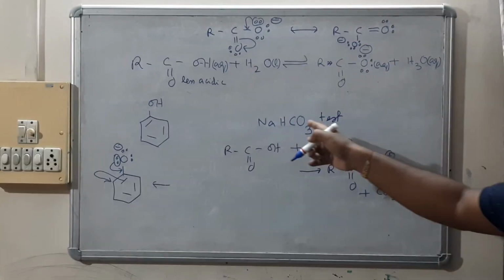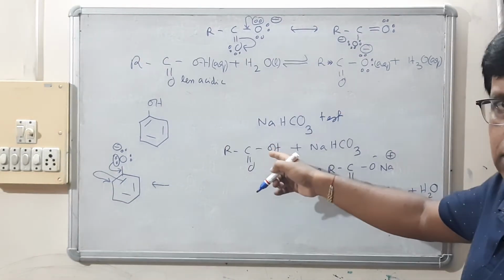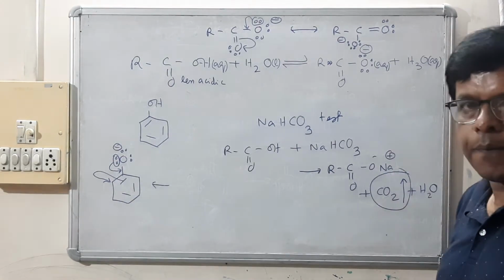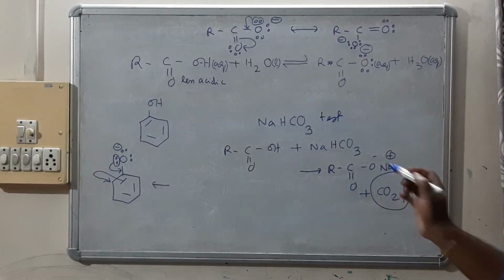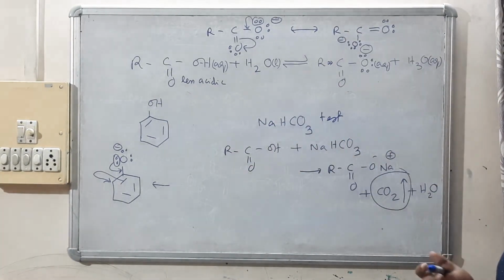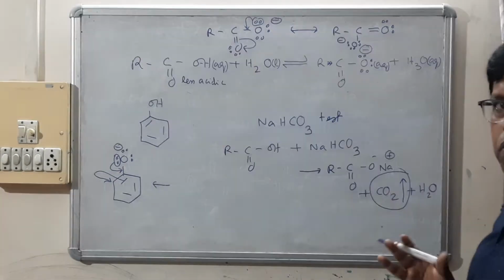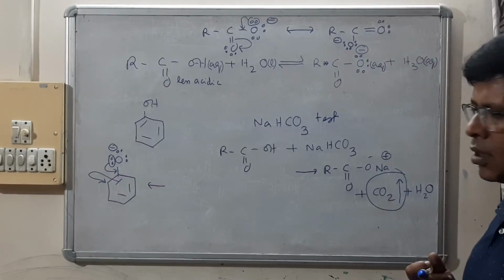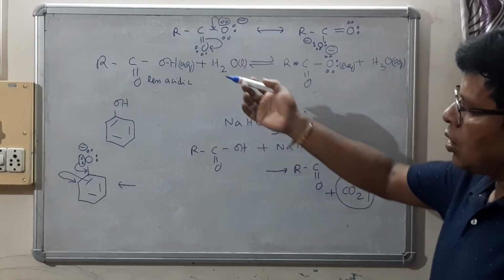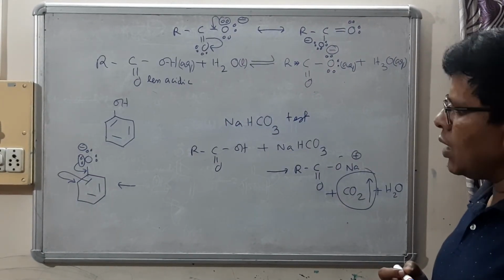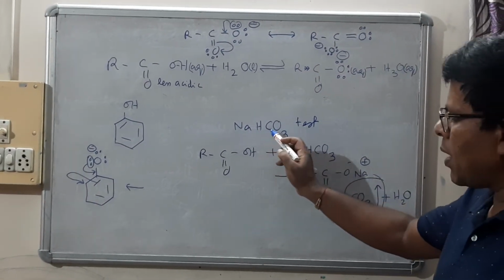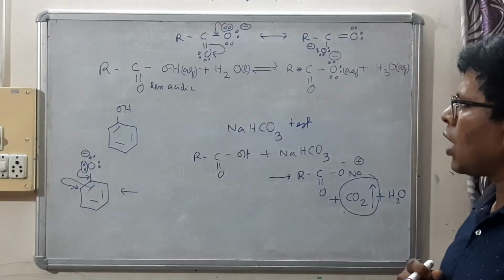So in the sodium bicarbonate test, in the case of carboxylic acid, there will be a brisk effervescence of CO2 gas, whereas with phenol and NaHCO3 there won't be any reaction, and no carbon dioxide liberation. So carboxylic acid and phenol can be easily distinguished by the sodium bicarbonate test. In fact, the sodium bicarbonate test is a very good test for carboxylic acid.